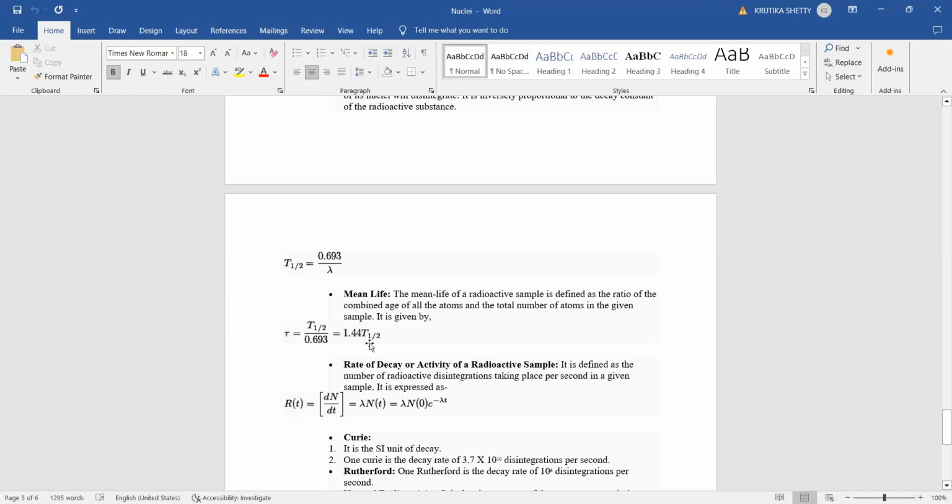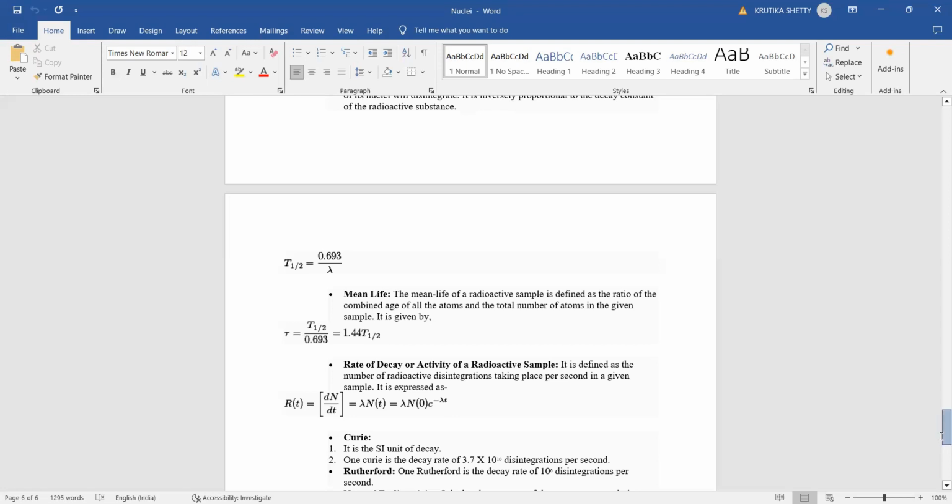Or you can also write the mean life as tau = T half / 0.693, or as 1.44 × T half. This is the mean life. So here you can see both the half life formula and the mean life formula.